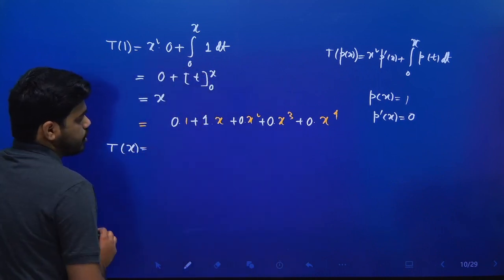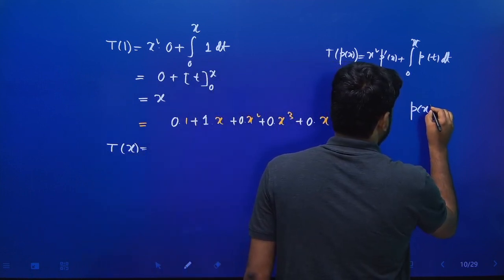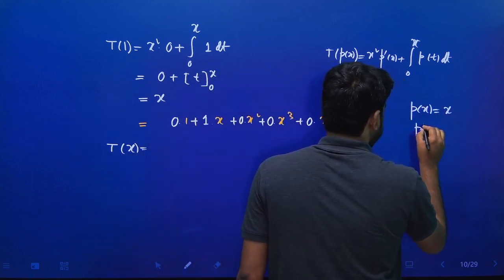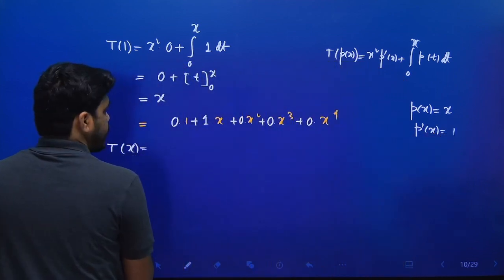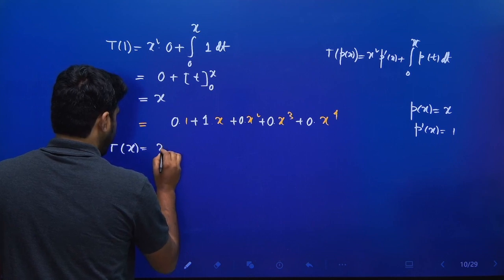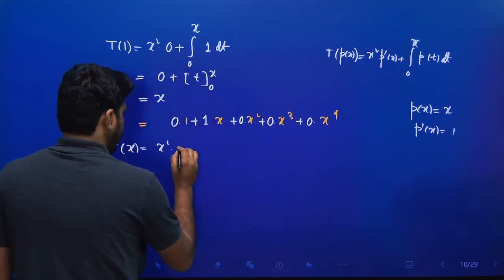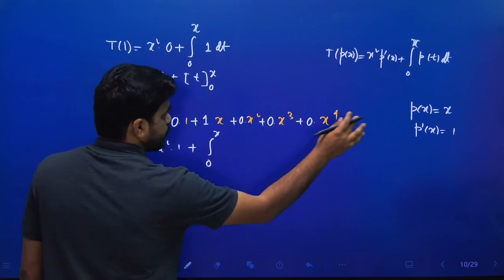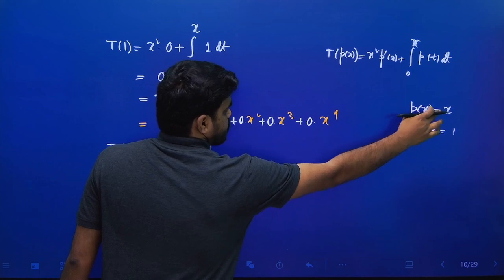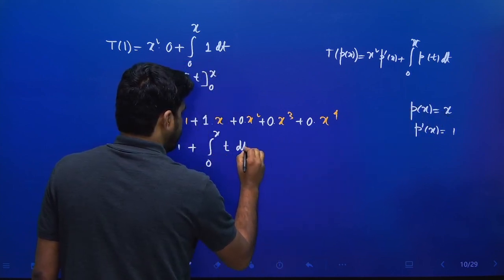Just see here, p(x) is x, so p dash x will be 1, right? So Tx is x square into p dash x, which is 1, plus the integration from 0 to x of p(t), where p(t) is simply t dt, okay?